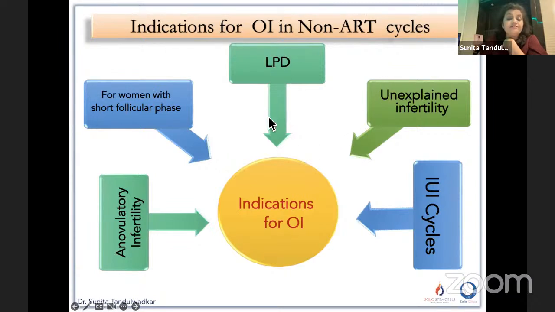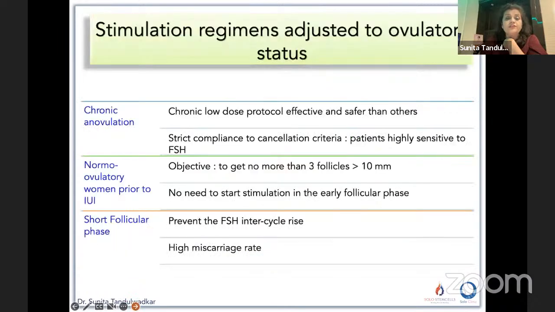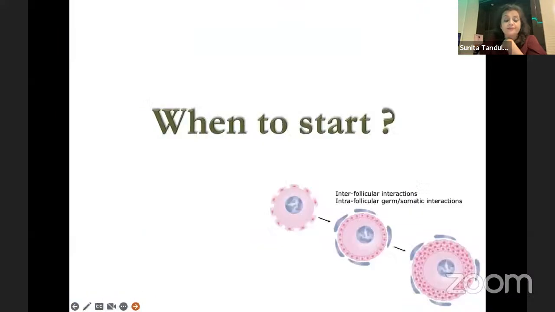A luteal phase defect itself, or a woman with a short follicular phase, or women with anovulation, that is PCOS. All these patients are indications for this. And that's why you can divide it into chronic anovulation, or a normal ovulatory woman prior to IUI, or a short follicular phase.